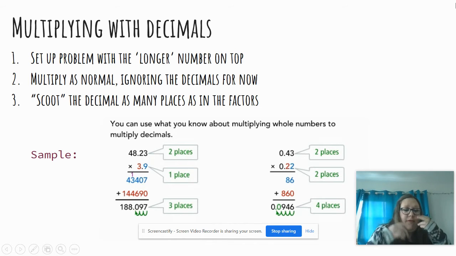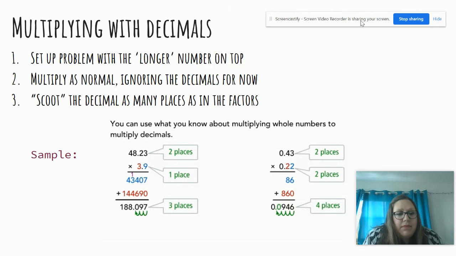As you guys hopefully know at this point, because this is something that we've done before, when you're multiplying with decimals, you ignore the decimal until the end. So you're going to multiply as normal, and the number that has more digits goes on top. You multiply as normal, and then we're going to scoot our decimal accordingly at the end.